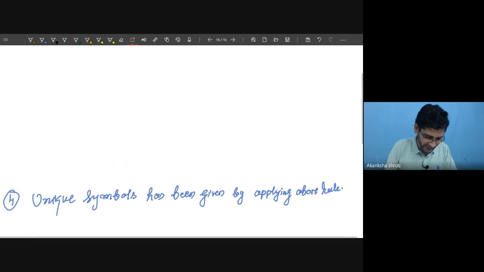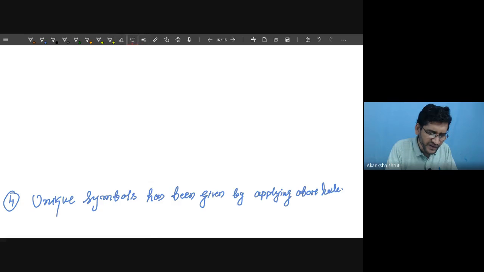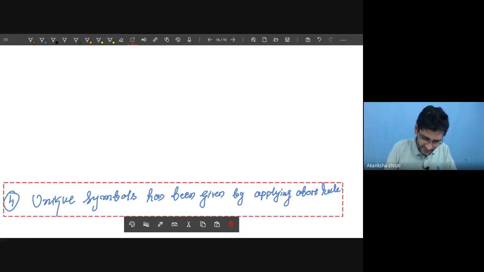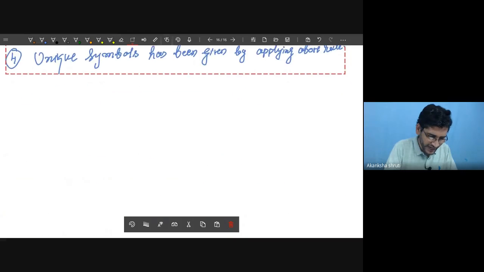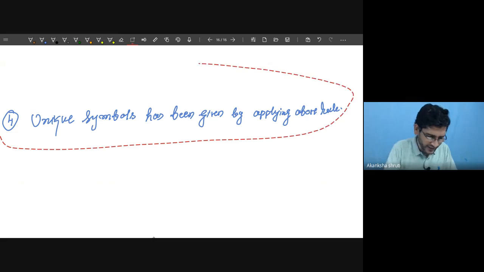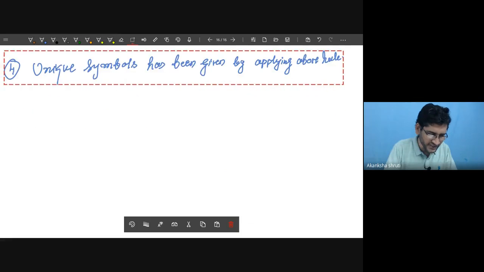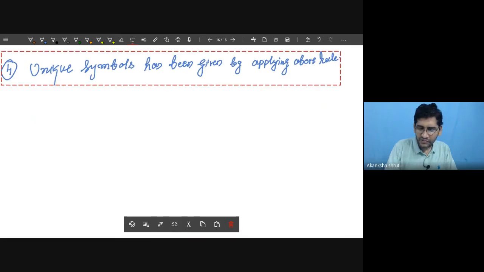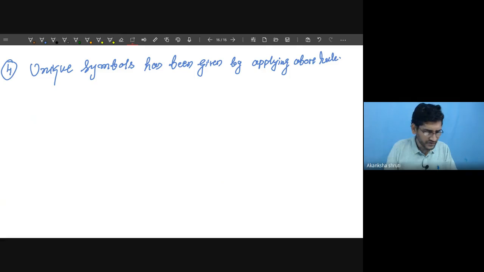So never forget, though there are a total of 120 elements, corresponding to that there are 120 symbols, but at your standard all those 120 are not important. Only 25 to 30 are important for you. So what those are, that I'm going to write.